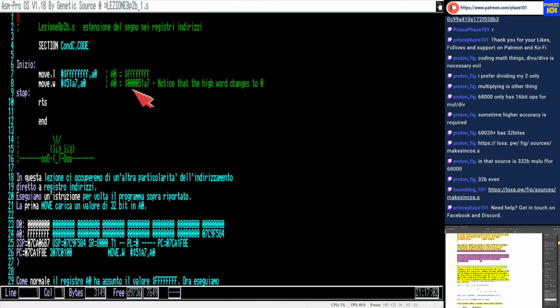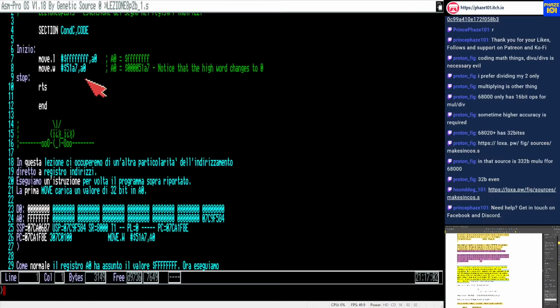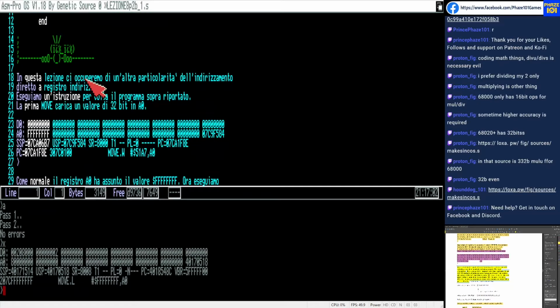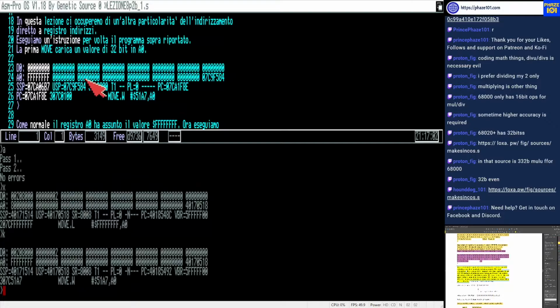This is the code that we are going to execute. Notice that we are doing a move.long of all the F's into 80, and then a move.word of a number into 80. And notice what happens. We moved 8 F's into 80, and you can see that 8 F's went into 80, and it was a move.long.